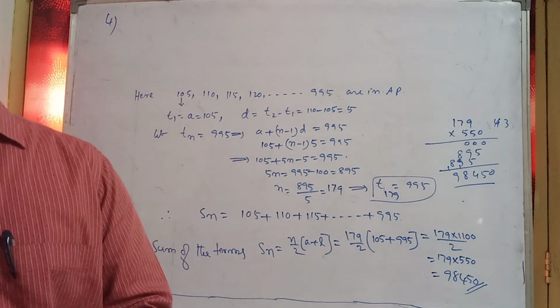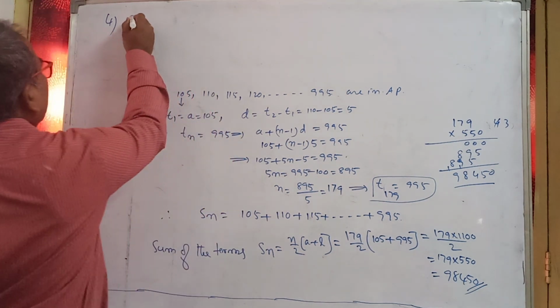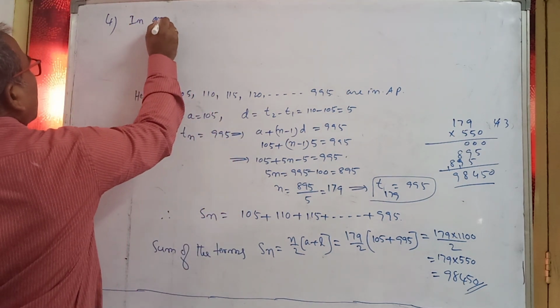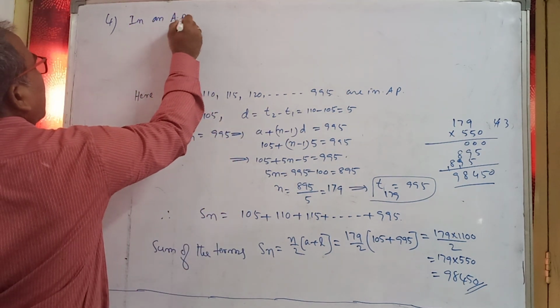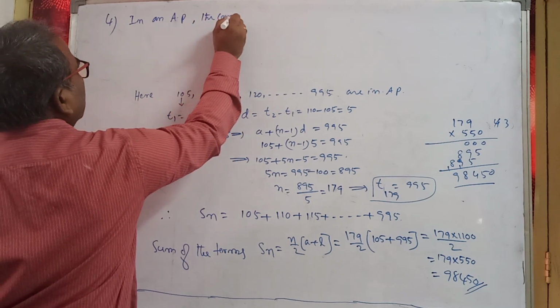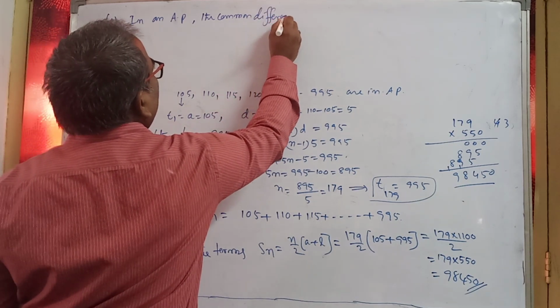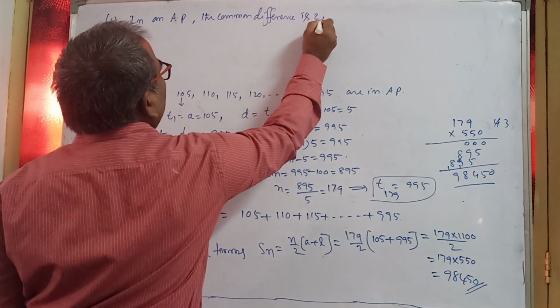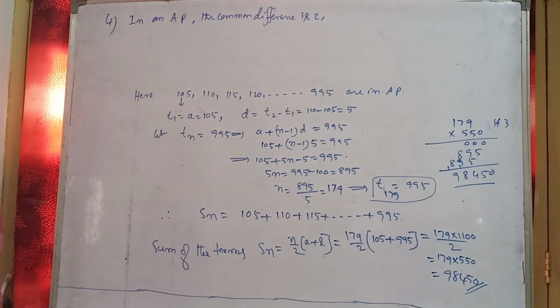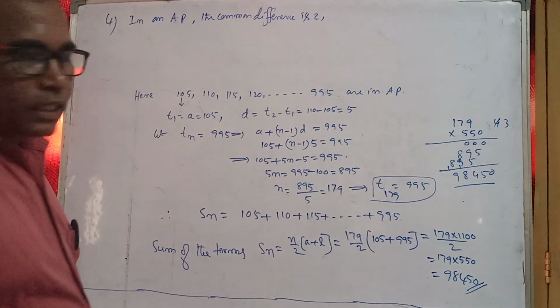In an AP, the common difference is 2. Sum of n terms is 49.